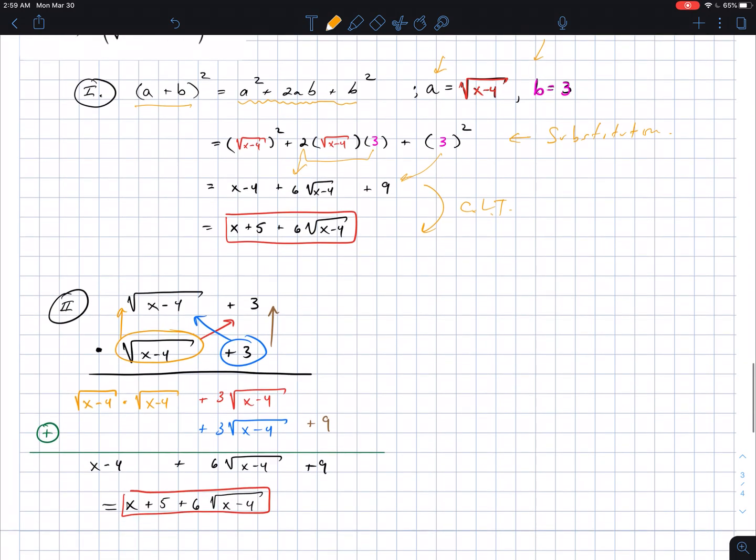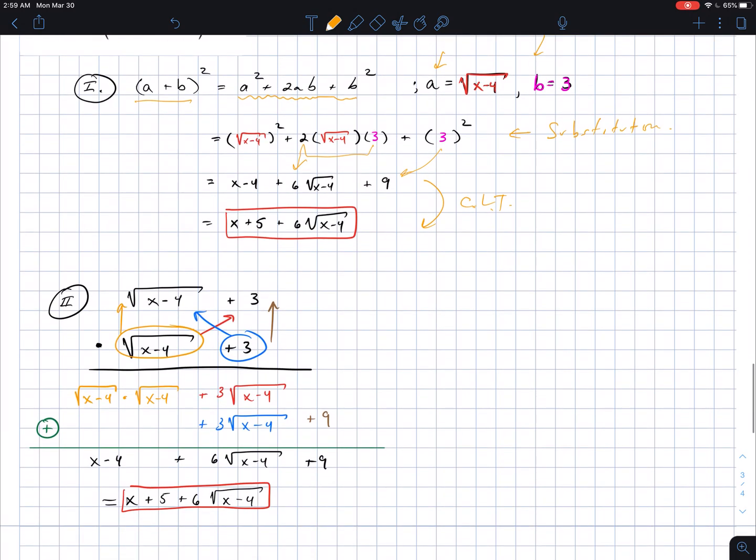The other way is the classic multiplication, and I set it up a little bit weird, like everybody thinks. But remember, this is just 2-digit numbers that we're technically multiplying. So I did the square root of x minus 4 times the square root of x minus 4, which you can see down here and here.